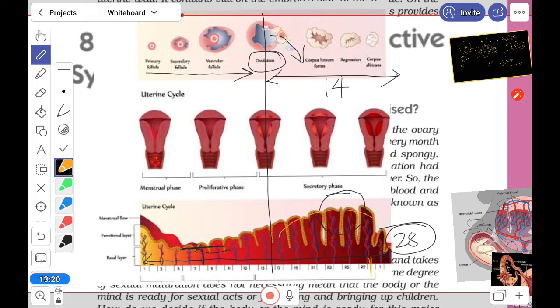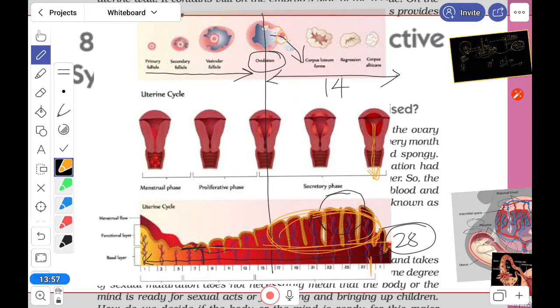This egg will come out through this route, from the uterus, cervix, vagina, and with that the layer in the uterus will also come out. When this uterine layer comes out, the mucus and blood also come out. And this is called menstruation.